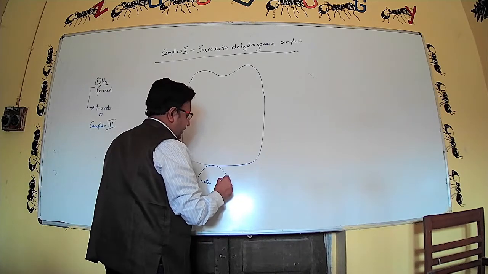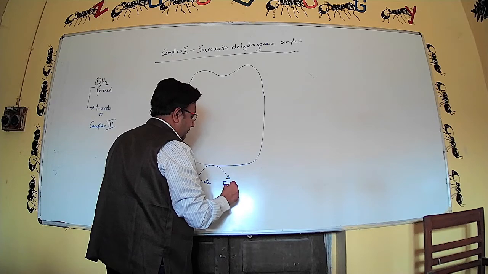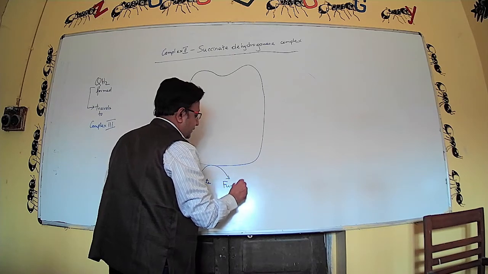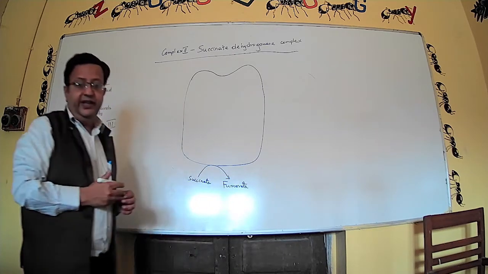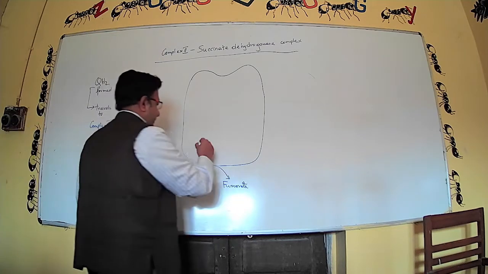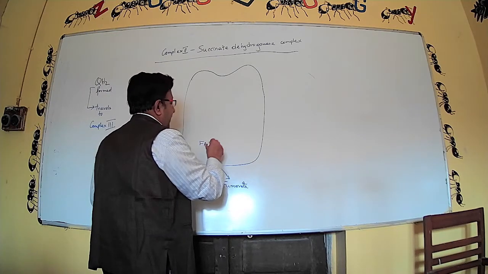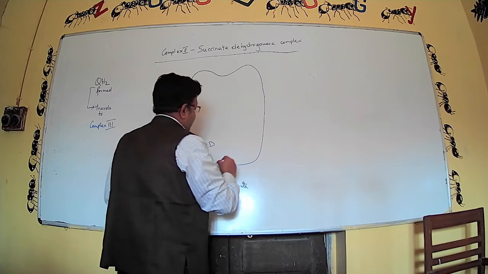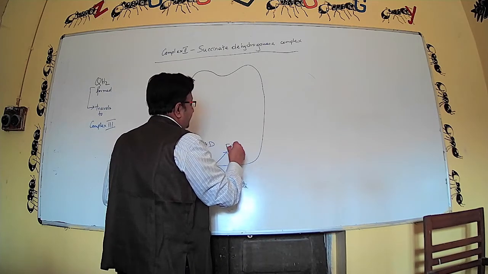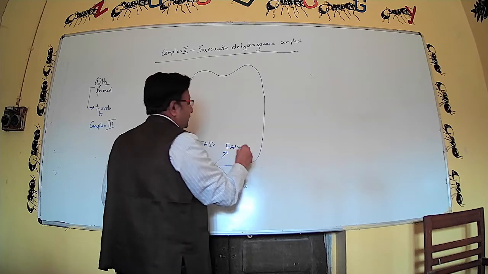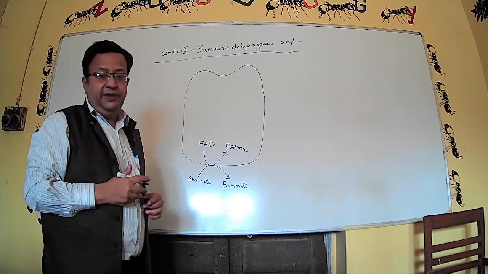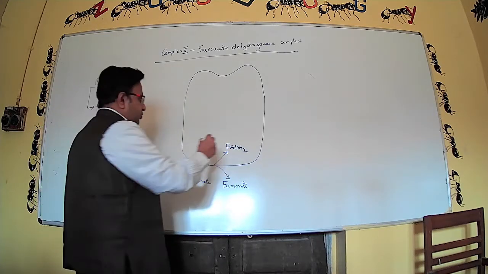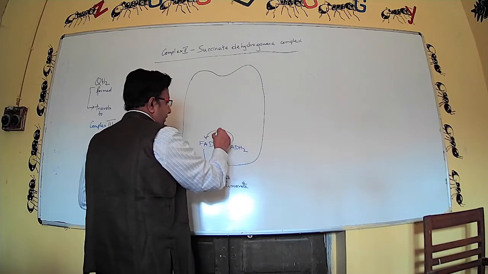Succinate to fumarate. What is generated? FADH2 is generated. FADH2. Now what happens? Two electrons are also released with hydrogen.